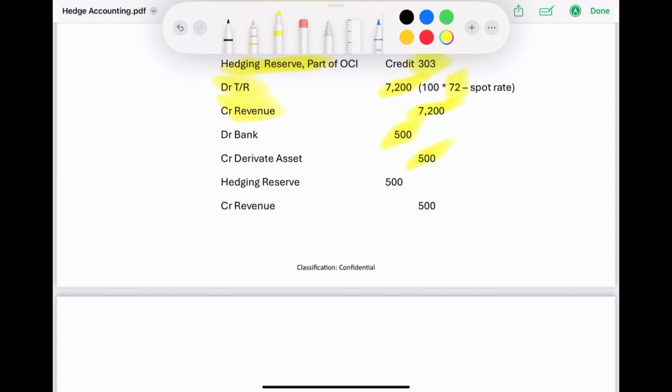So your derivative assets will become nullified, and all the hedging reserve we have can be reversed from OCI, and that can be credited to revenue. So ultimately your revenue in total is 7,700, but 7,200 is accounted as part of the spot rate on the date of transaction, and the remaining 500 is accounted as part of hedge accounting.